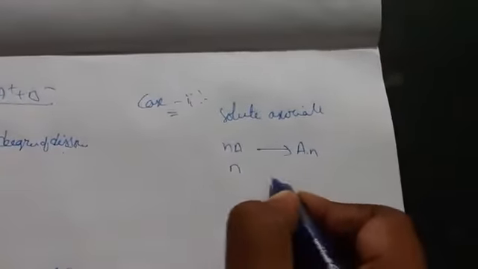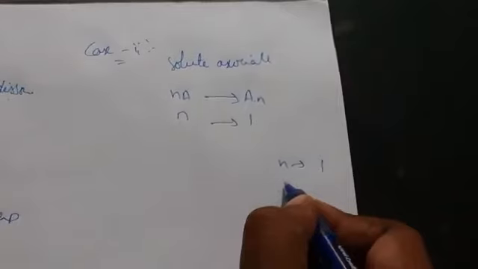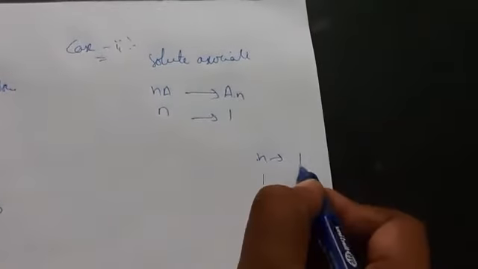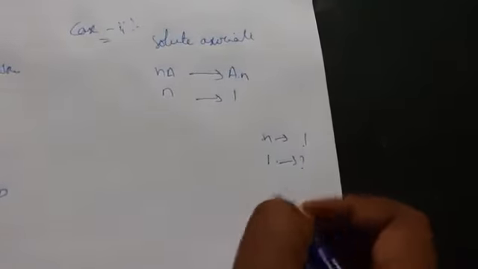Okay, so coming to here, if n moles give 1 mole, and for n moles the product is 1, if you take 1 mole, then how much reactant are you going to get?